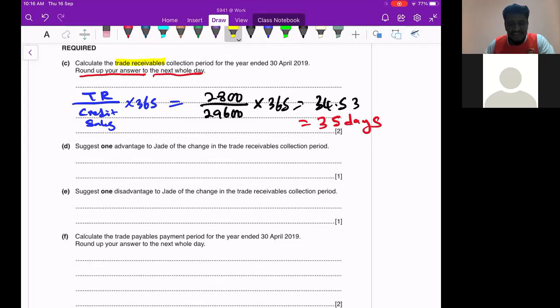No, we receive late. This is the trade receivable. We receive late. If we receive late, what is the advantage? Is there any advantage whenever we receive late?